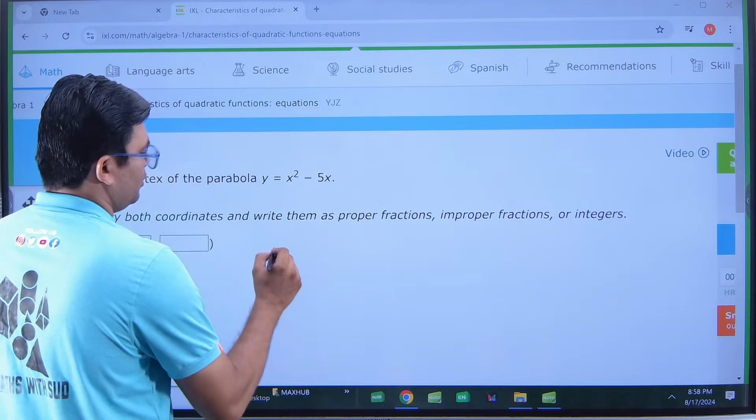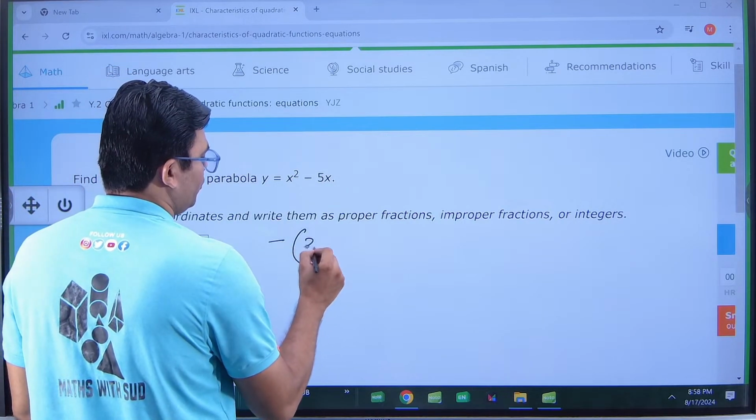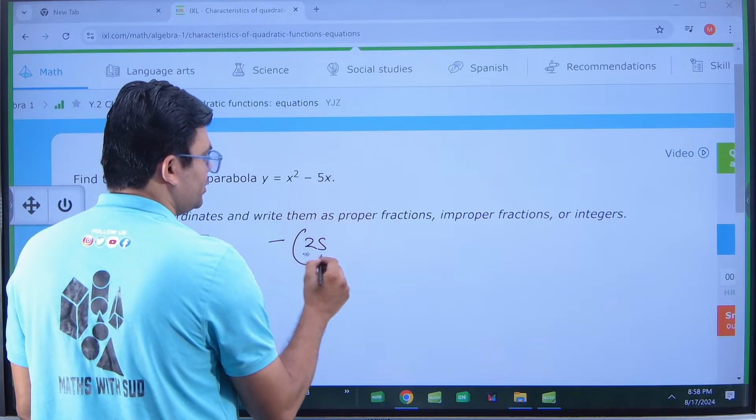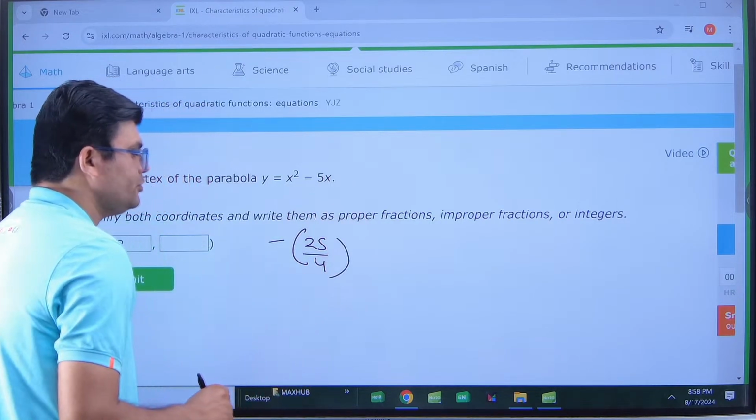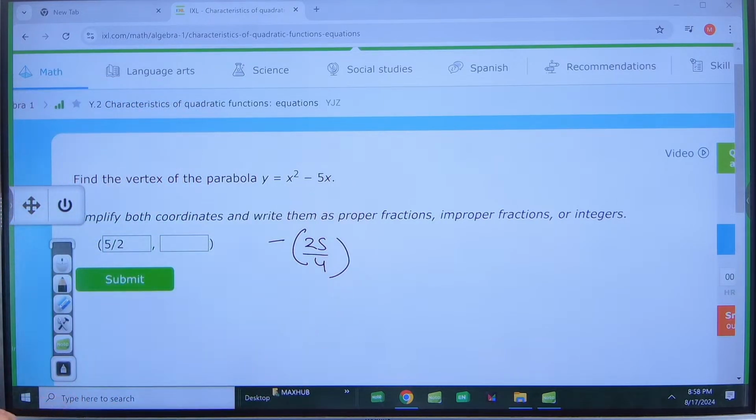You just check. So minus b square is going to be 25, 4ac is going to be 0. So that is minus 25 by 4. Yeah.